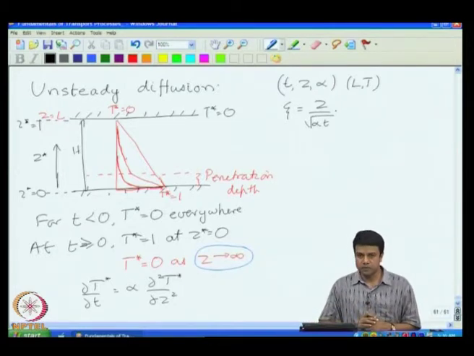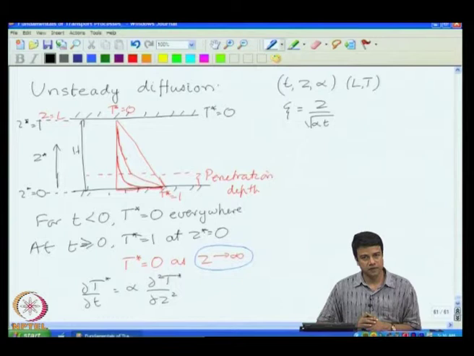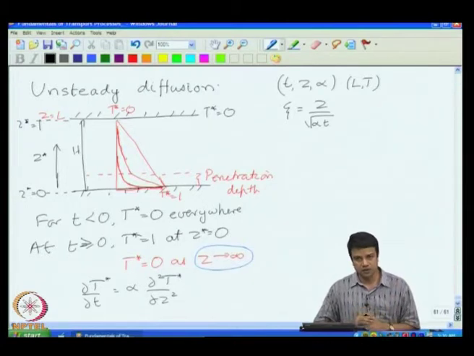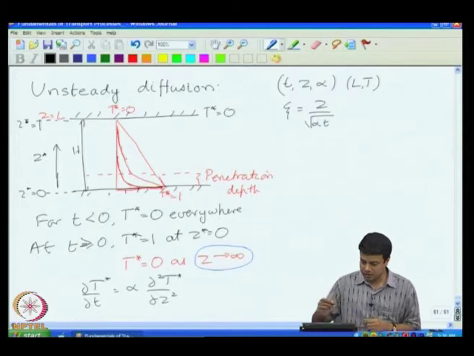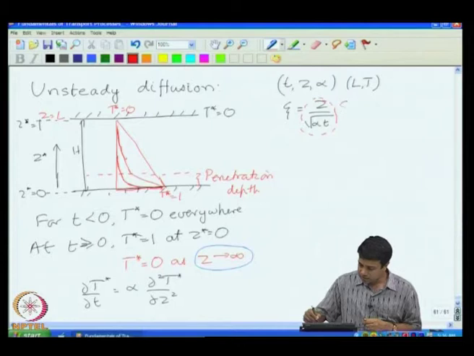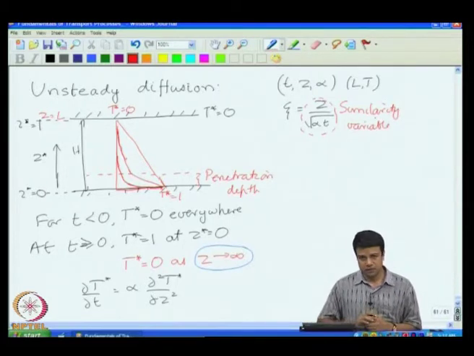That dimensionless group is a similarity variable, z by root alpha t. So, just from dimensional analysis, if the penetration depth is small, so that I am applying a boundary condition at infinity, the progression of the temperature field with z and with time are linked, and they are linked in such a way that the progression depends only upon this similarity variable, or similarity coordinate.